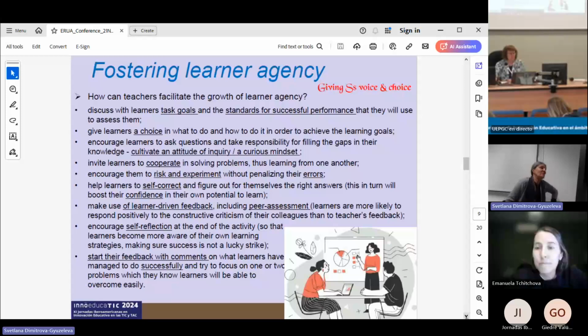How can teachers foster learner agency in the classroom? Once again, probably most of this will be familiar to you and things that you anyway do or have done in previous classes.